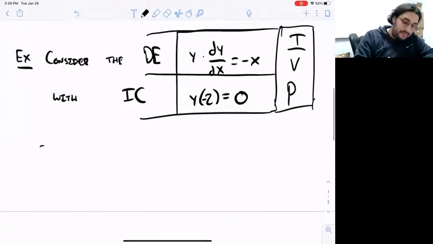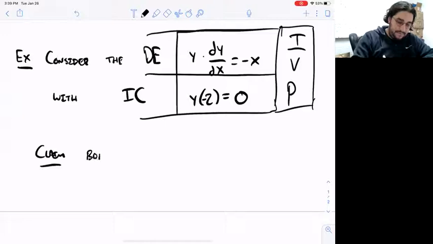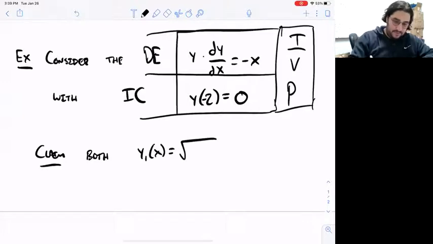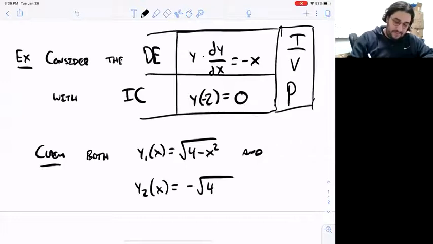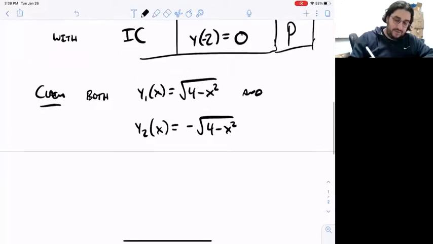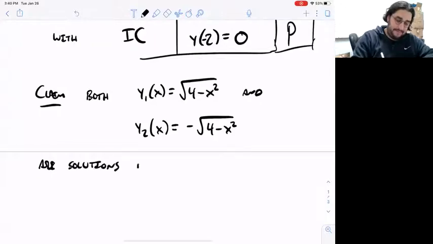So I claim that both the function y1 of x equals the square root of 4 minus x squared and y2 of x equals negative the square root of 4 minus x squared are valid solutions to that initial value problem.